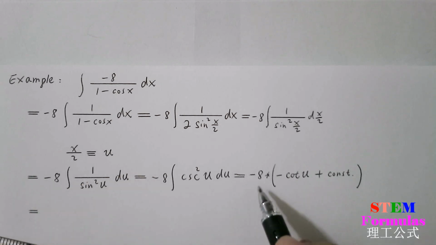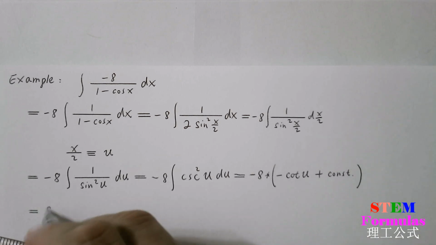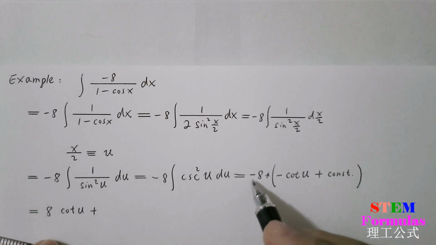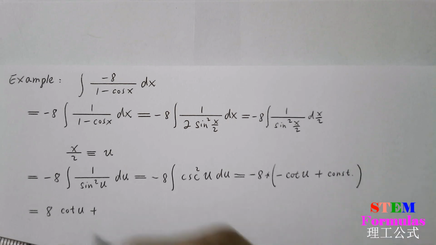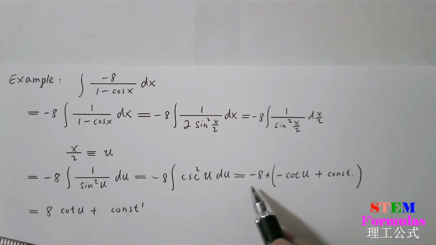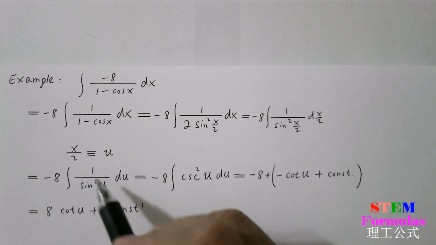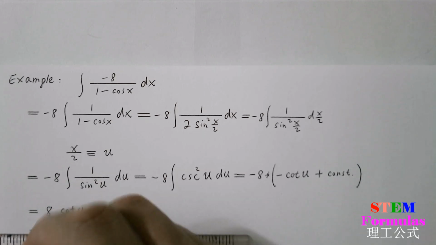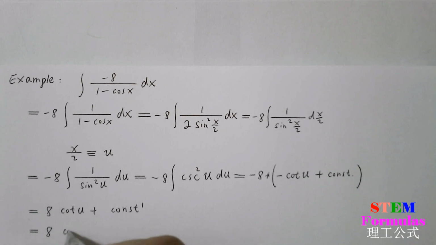And minus times minus, so 8 cotangent u plus minus 8 times a constant is a new constant. I write a constant prime. And u is defined as x divided by 2, so we can write down 8 cotangent x divided by 2 plus constant.